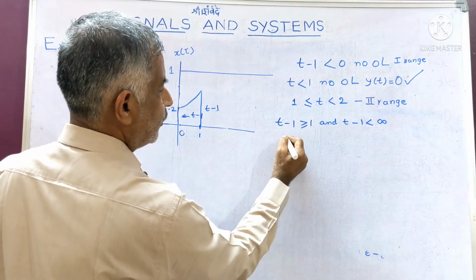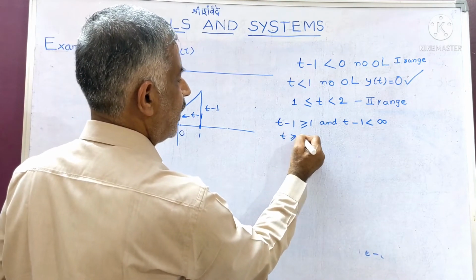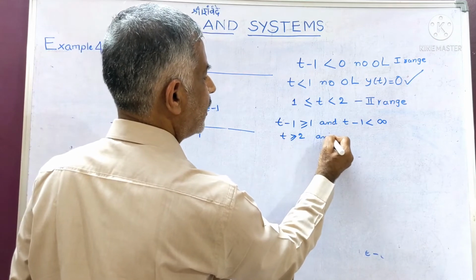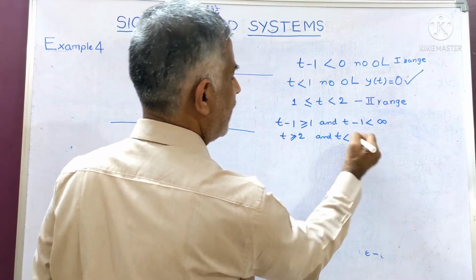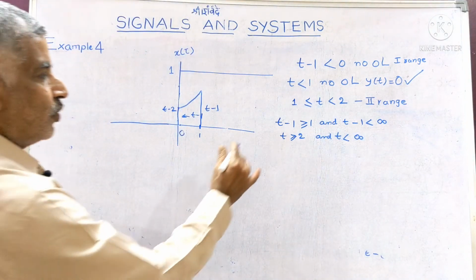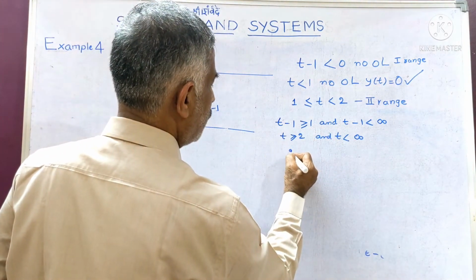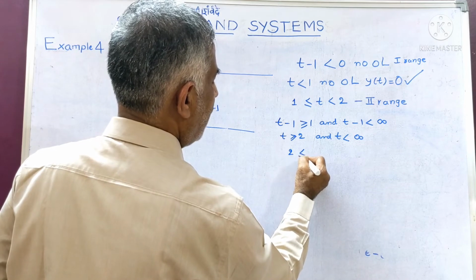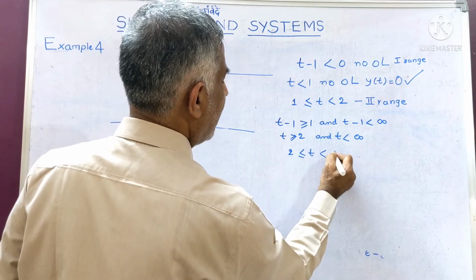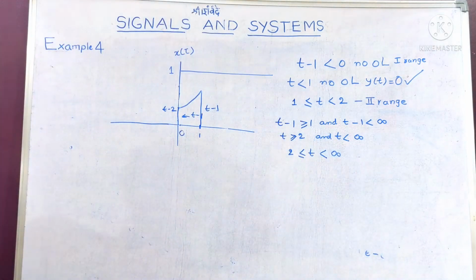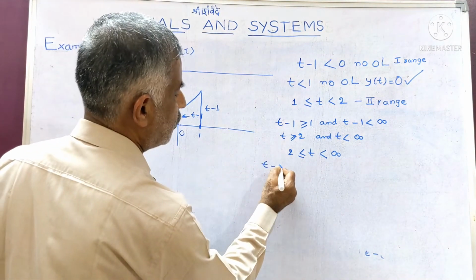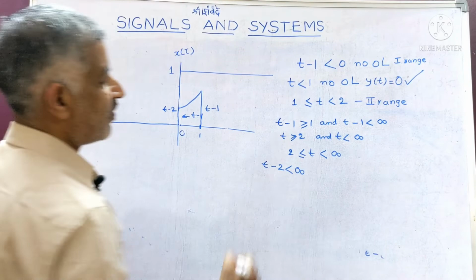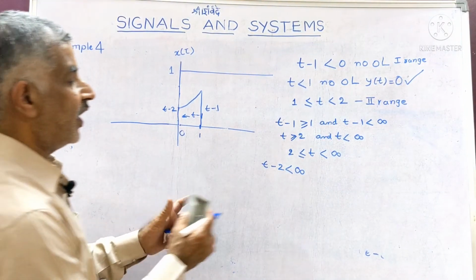You will get t greater than or equal to 2 and t less than infinity. So 2 less than or equal to t less than infinity. This holds good. t minus 2 less than infinity also holds good, which means once again infinity.